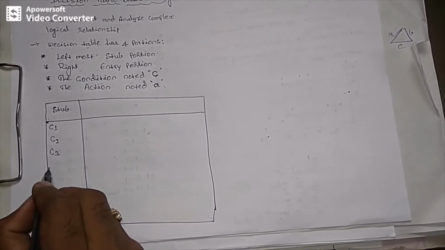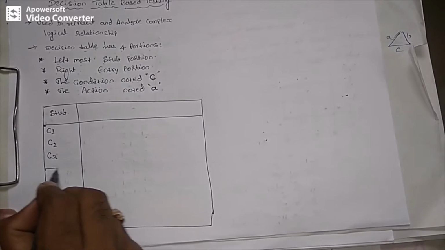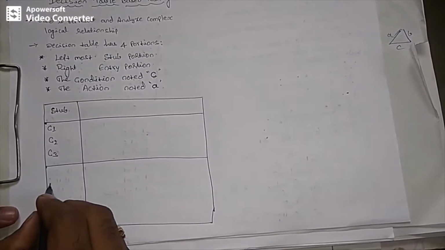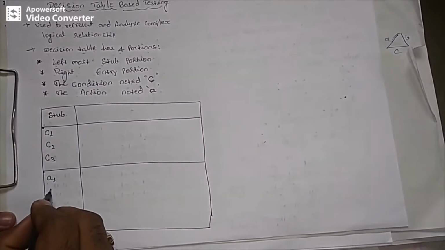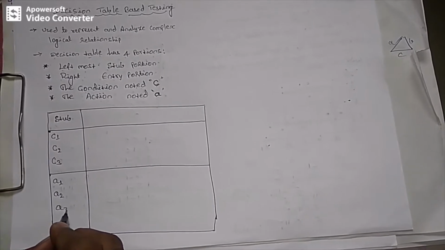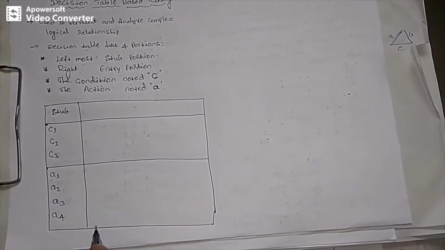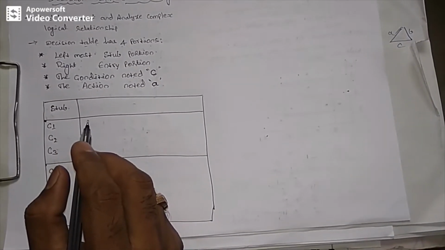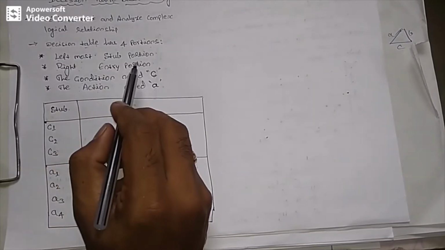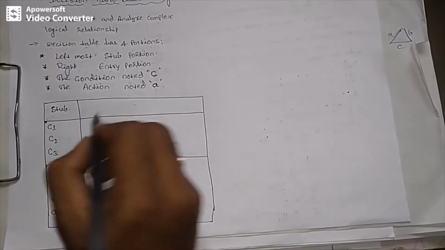After the conditions, the action portions will be there. Action portions are represented by a small a, like A1, A2, A3, A4, as many entries as you want. Then there is the entry portion, which includes the rules.